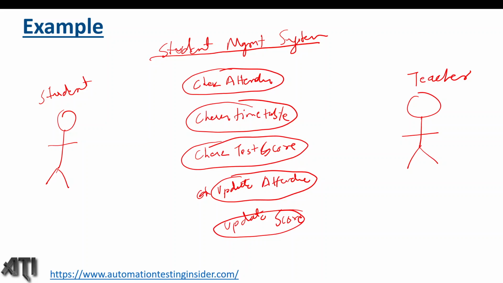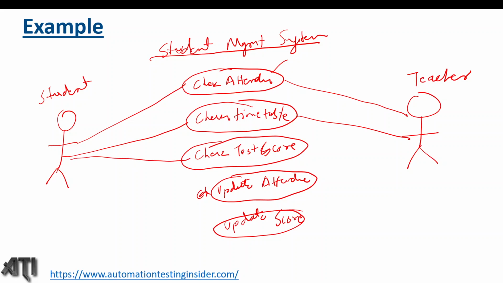So we have different use cases in this student management system. Check attendance will be used by both student and teacher, right guys? Check timetable will be used by both student and teacher. We have check test score, which will be used by both student and teacher again. Now we have another use case, update attendance. Who is going to update the attendance?